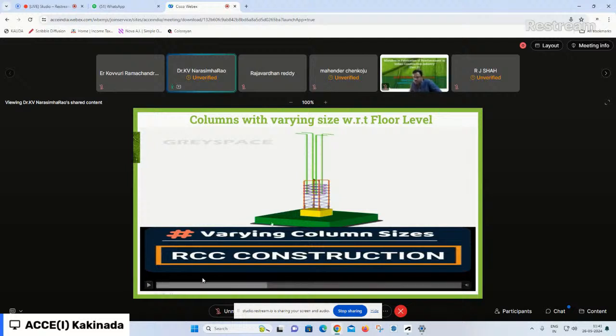The starter bars of the topmost column, where the column is of reduced size, should start from the bottom of the beam. That is the first important point. The second is that up to a development length of LD, there should be closely spaced stirrups, with a spacing of not more than 150 mm, or it should be specifically designed.